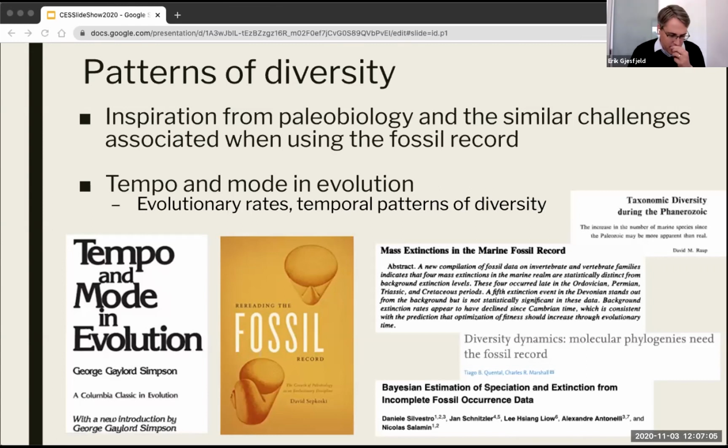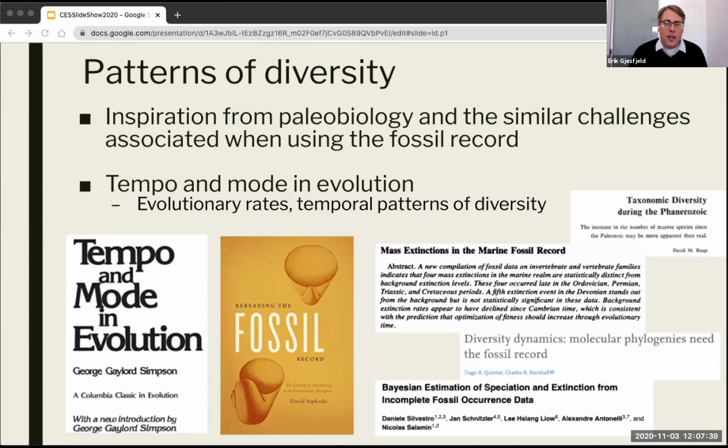And the argument that we suggest has its origins in much earlier works like G.G. Simpson's Tempo and Mode of Evolution, works by paleobiologists like Michael Raup and J. Jepsen Sepkoski, Stephen J. Gould, is that when using historical and sparse data, like fossil data, or in my case, archaeological data, the focus should be more on reconstructing rates of evolutionary change and getting a broad picture of the temporal dynamics or the temporal patterns of diversity.